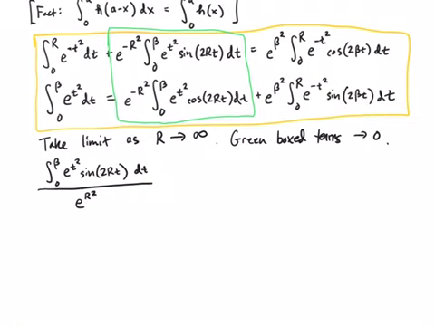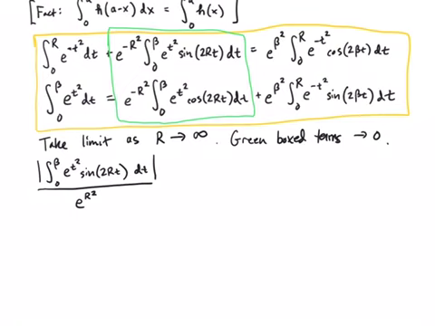We can estimate how big this is. Basically, I claim that this numerator in this quotient is under control. It's bounded no matter what r is, and clearly this denominator is getting extremely large as r goes to infinity. So if that numerator is bounded, then this thing is going to get dragged to 0.